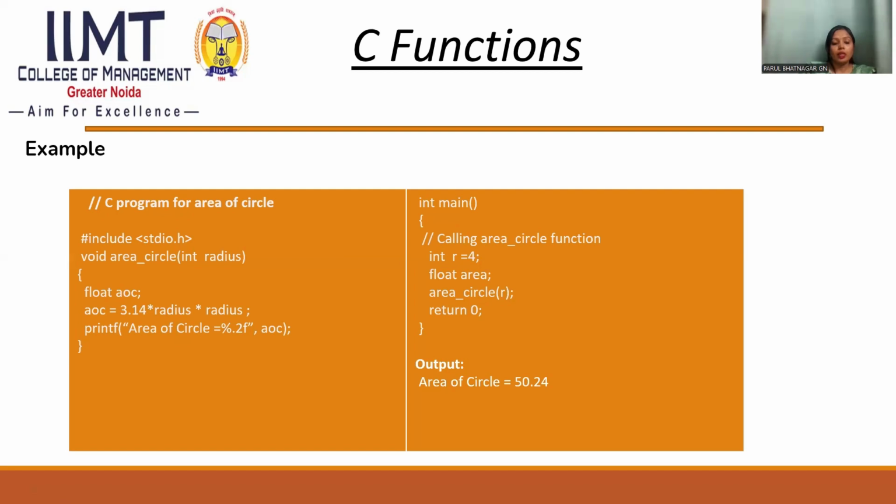So the return type is void. Here, we define the working of this function. We calculate the area of circle and print it, and the result is in the AOC variable. Once we come in main, we call this function area_circle and pass the parameter named R, of integer type.